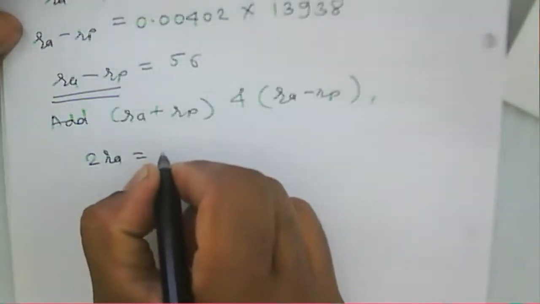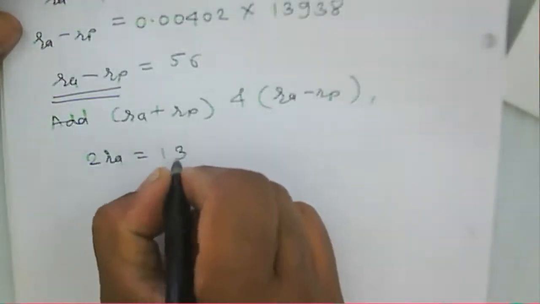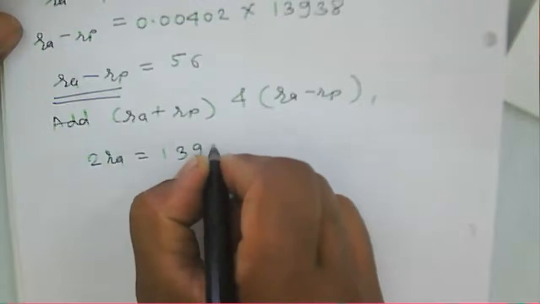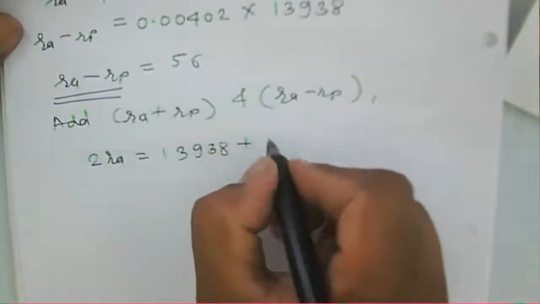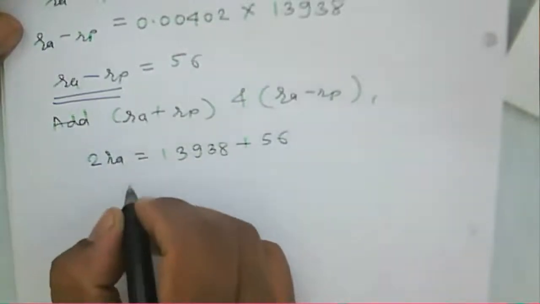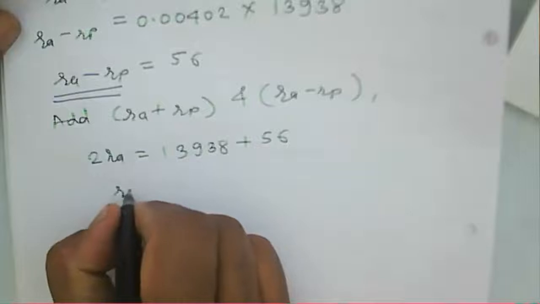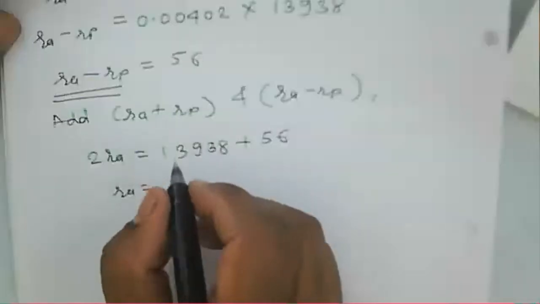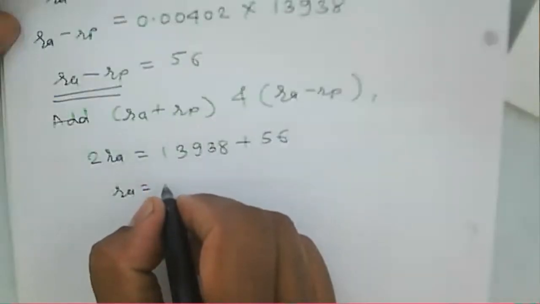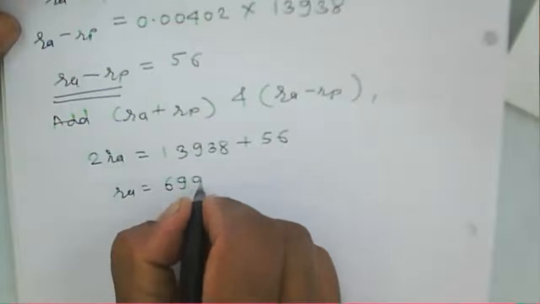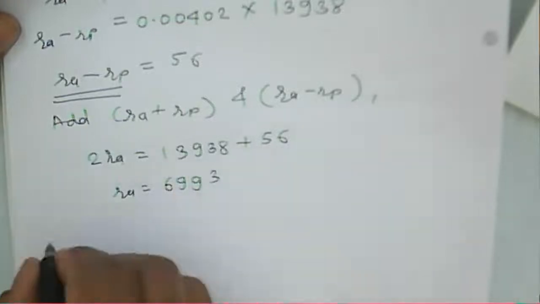So RA plus RP is 13938, plus 56 here. Solving that, we'll get that RA is equal to 6997.